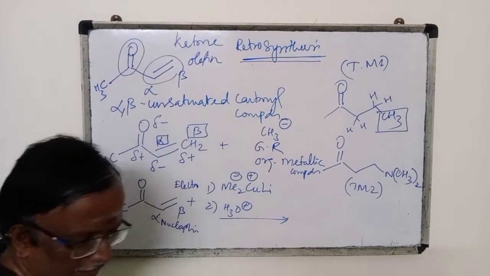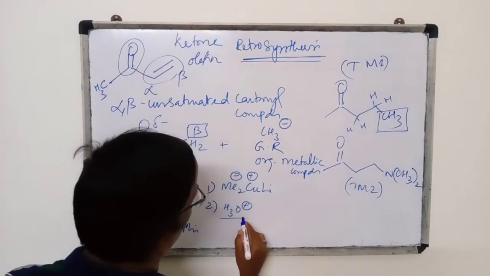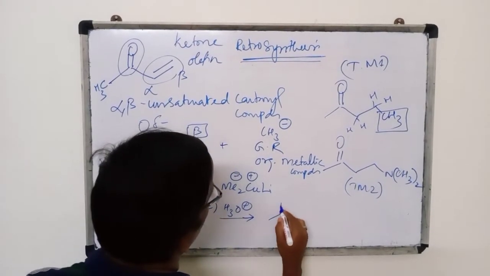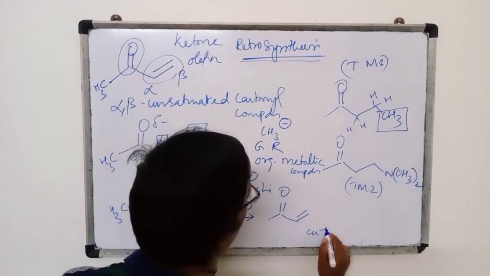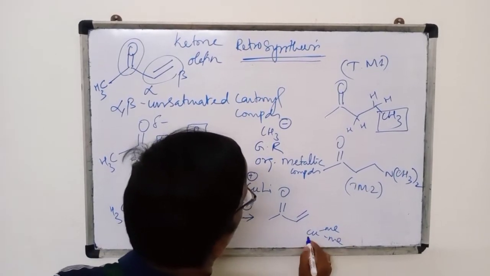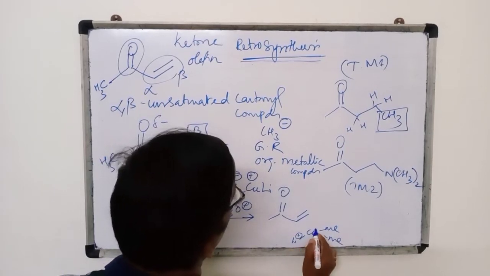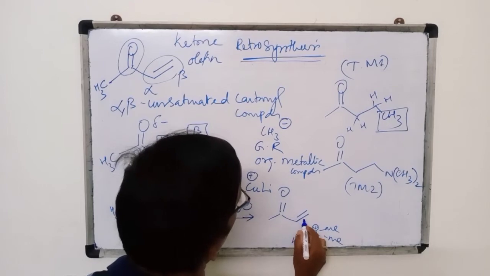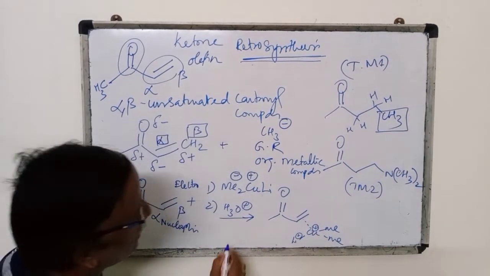Now, the reaction is a very simple one, where it first forms a complex between the substrate and dimethyl copper lithium. We have a lithium plus ion here and a positive charge here, so this is going to form a pi complex.